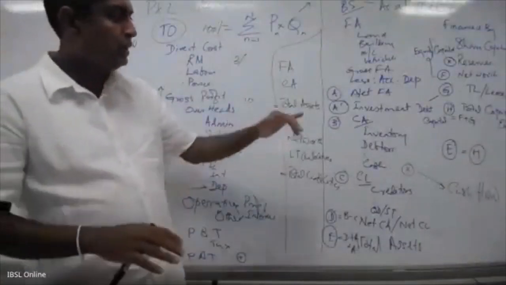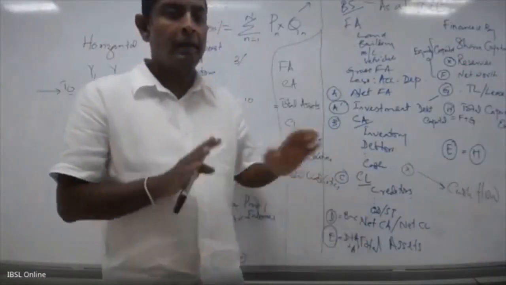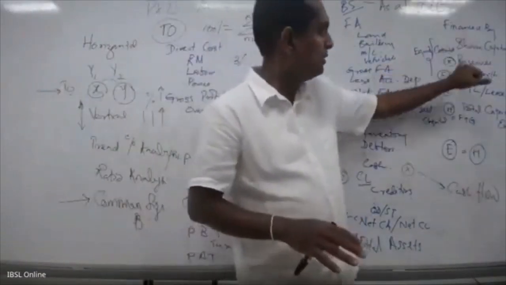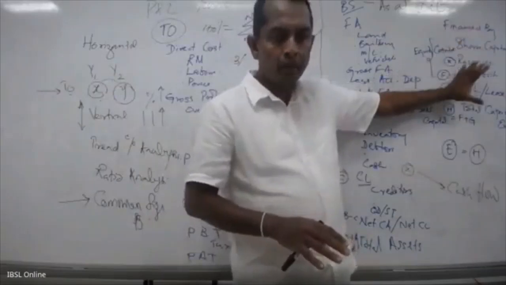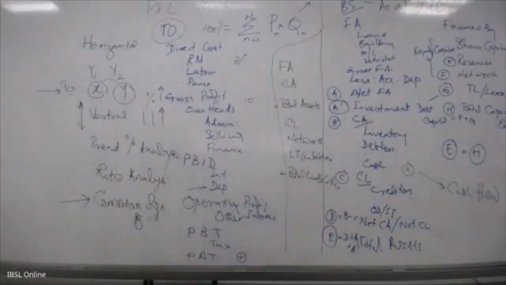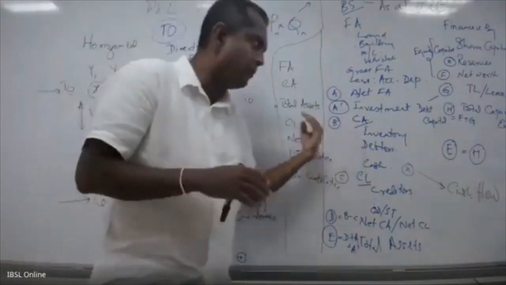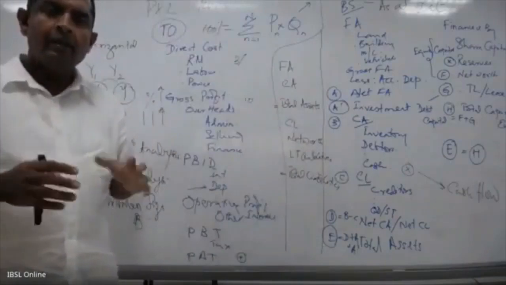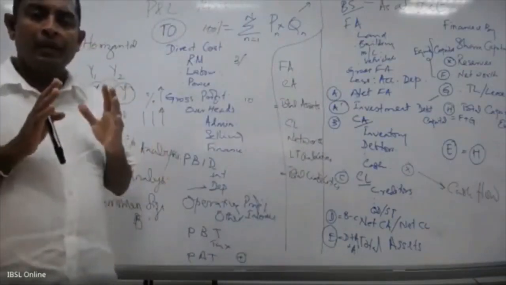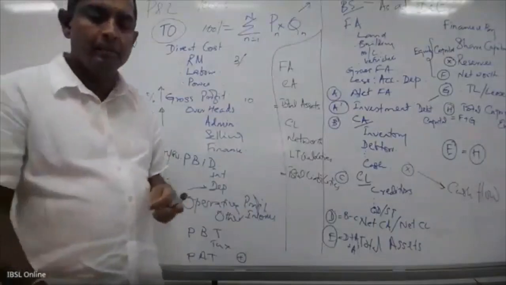Liquidity ratios are to do with current assets and current liabilities. Solvency ratios are to do with the long-term ratios. Then you have market ratios, derived from these, but we are not calculating that for normal companies. It is only for listed companies.